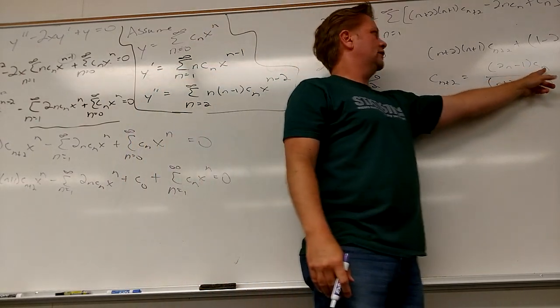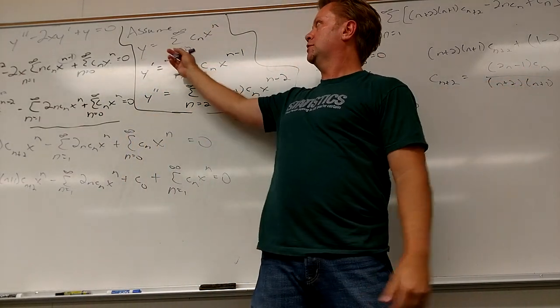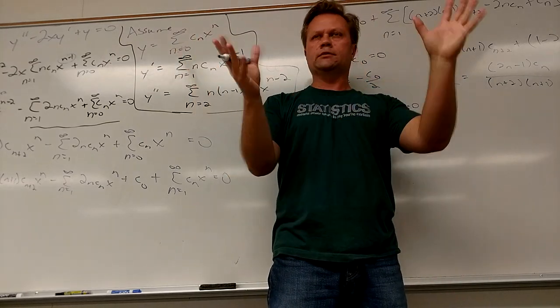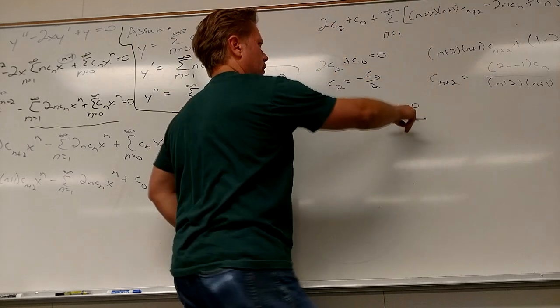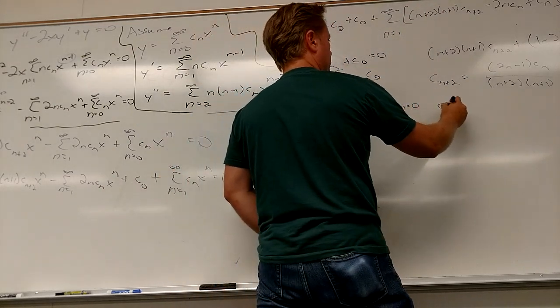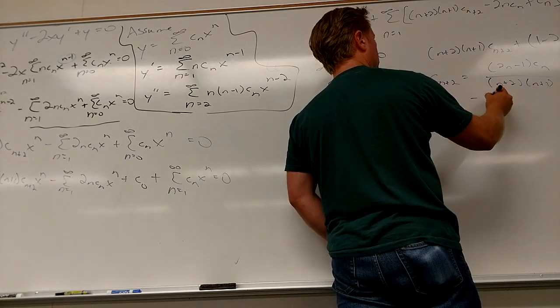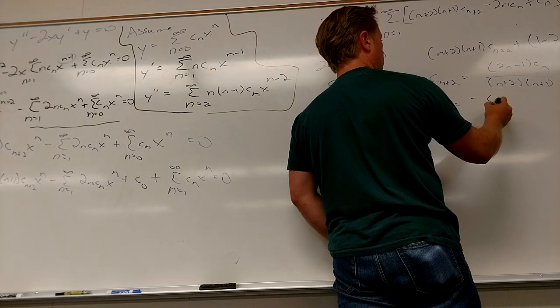Because I don't have any C negative ones, because from the beginning, my assumption was it starts with C0. So I'm not arbitrarily picking something. So n equals 0 would lead to C2 equals negative C0 over 2.